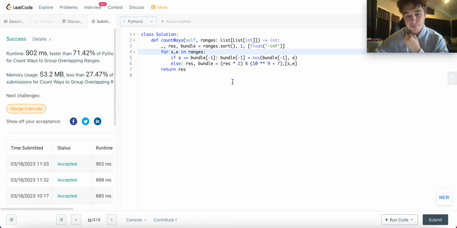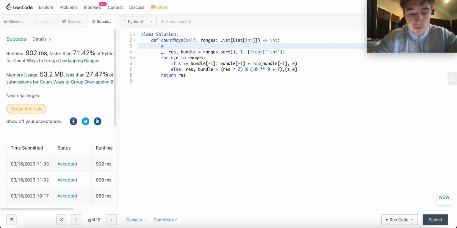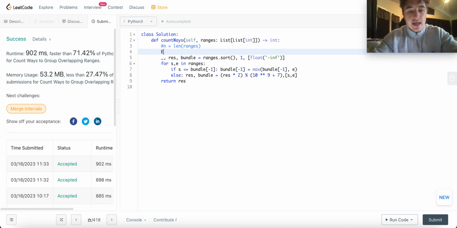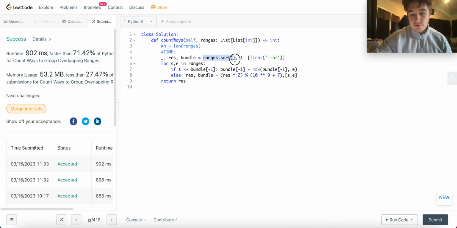All right. Awesome. So what is the space and time complexity of this problem? Well, let's say that n is the length of ranges. In terms of time, the overshadowing term here is sorting, right? Because sorting is going to take big O of n log n time. And then we have to look at all n items within ranges, but for all n items, we just do 2 constant operations.